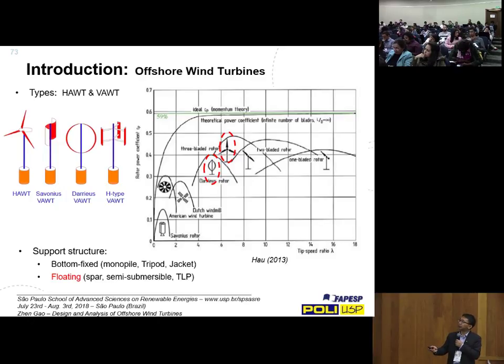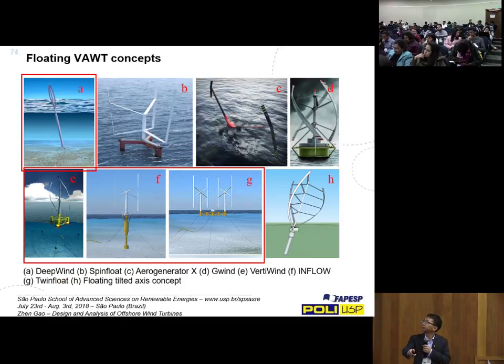Here also showing the Betz limit and the typical maximum operating power coefficient for other types of turbines. At the moment, there's no commercial or even large-scale prototype of vertical axis wind turbine.